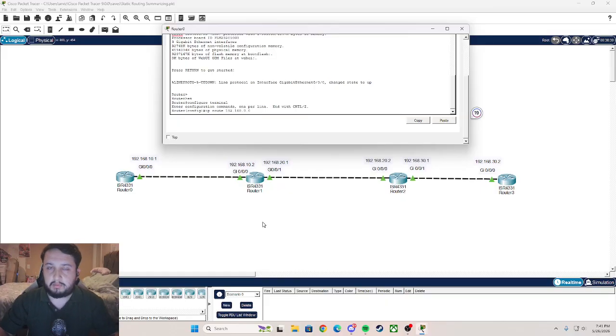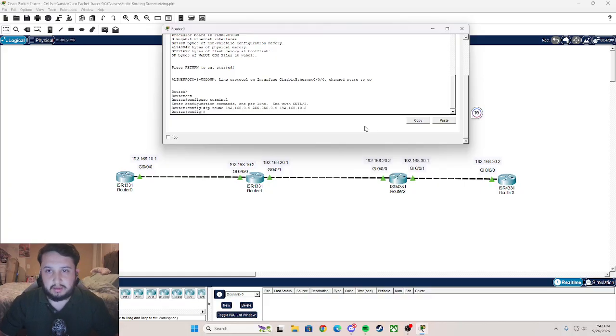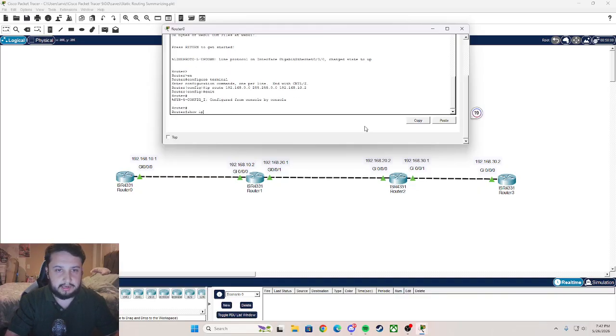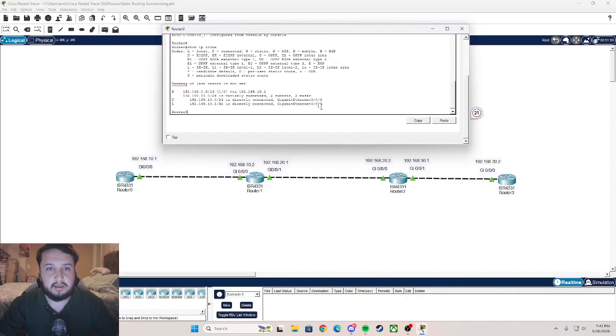And because I'm only working with the first two octets, my subnet mask will be 255.255.0.0. And then my next hop is still going to be this IP address. Perfect. So now that is going to set up my static routing for the entire 192.168 network.